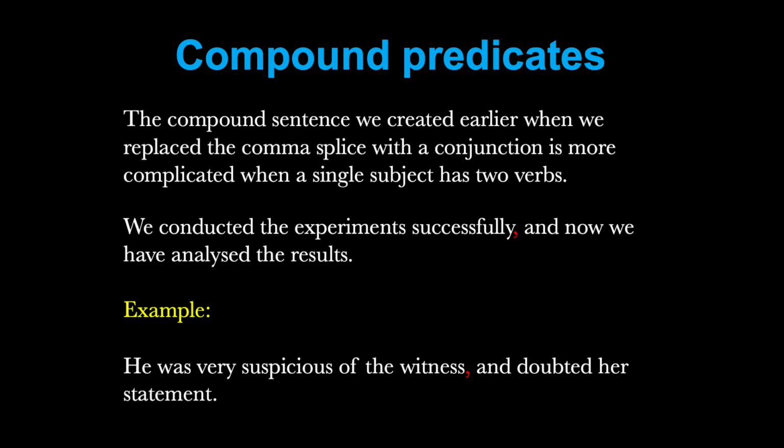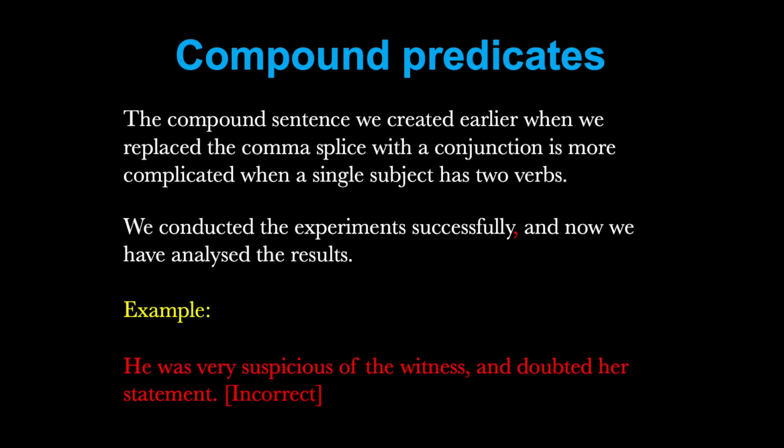In that case, the comma shouldn't be there, because here we're not dealing with two independent clauses. What comes after the and in this case could not exist on its own. It has a verb, but it has no subject. It's referring back to the subject that was in the first independent clause. So that version is incorrect.